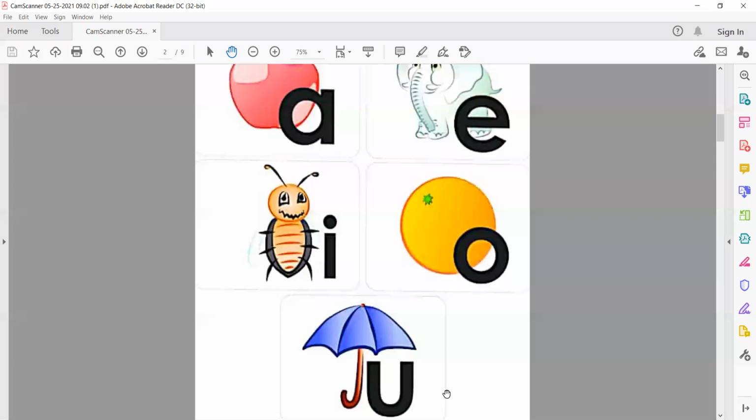Now I'm going to show you vowels and consonants. Look at here.